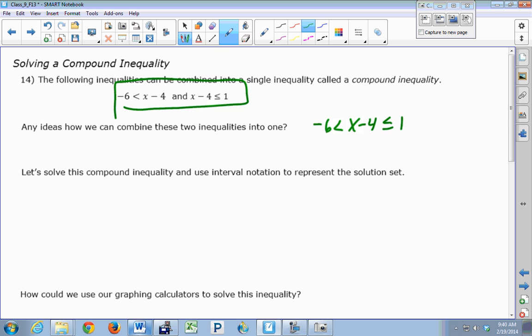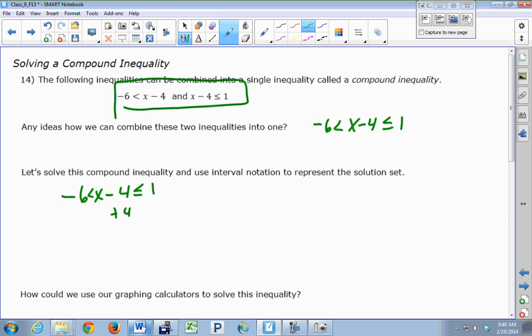So to solve a compound inequality, we're going to use interval notation to represent the solution set. Here's how you can do it, folks. You can treat it as 2 separate inequalities like we have right here and solve each one of these if you want. Or you could do it all at once, for efficiency.